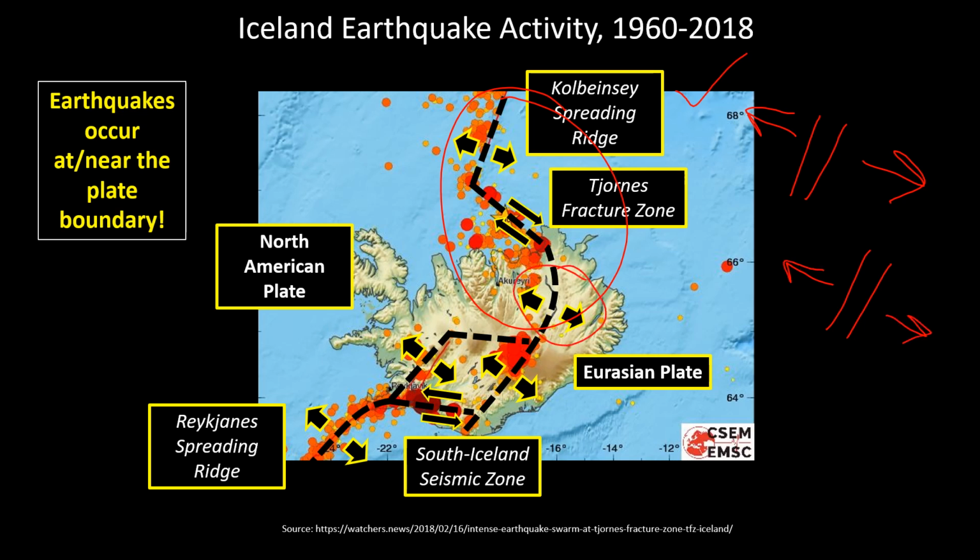That's this area right here, and in between the two divergent boundaries right here we have a transform boundary. So that is to say that divergent boundaries and transform boundaries often go together, and we see that displayed really nicely in Iceland.